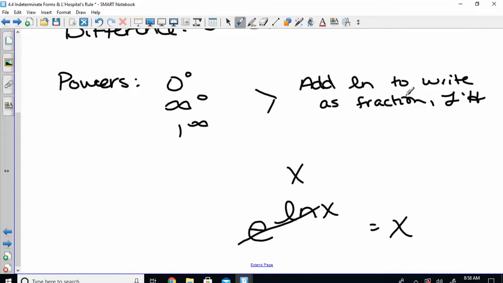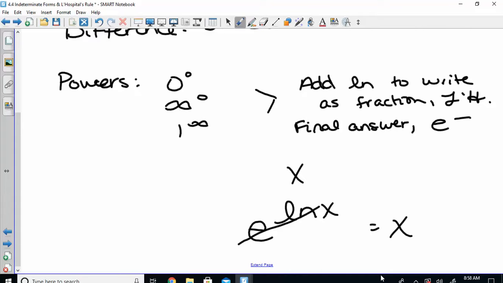So what we'll do is we'll first add the natural log, because then we can use some properties of logs to get a fraction. But once we evaluate that, then for the final answer, it will be e to whatever answer we got.